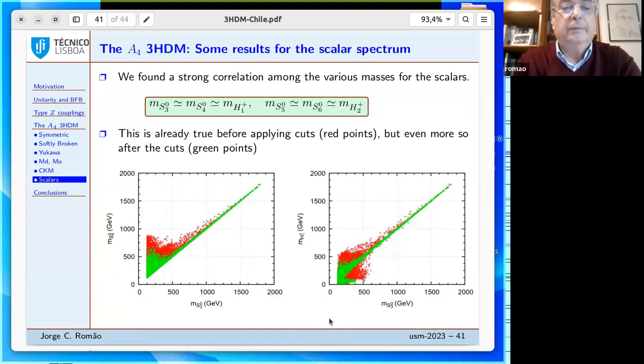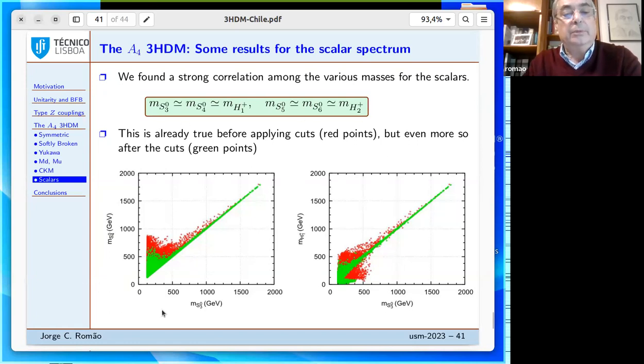Now, just a couple of plots to show one thing that we found by doing this: there is a strong correlation among various masses of the scalars. Again, in groups of 2, you have 2 scalars and one of the charged Higgs, and the other 2 scalars and the other charged Higgs. They are related.